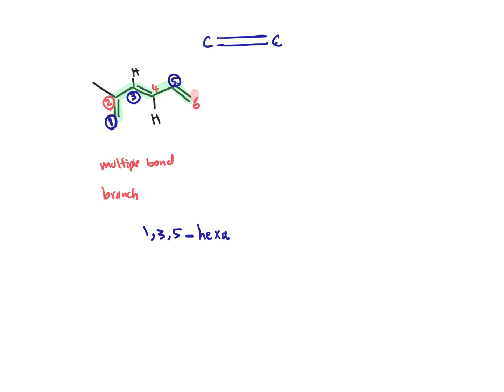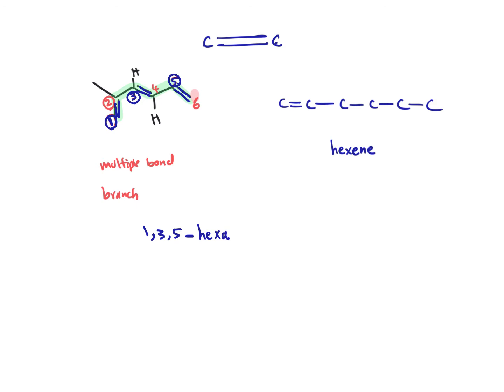So if this was something like this, 1, 2, 3, 4, 5, 6, it would be hexene, right? But here, remember, you have 3 double bonds. Do you remember what we would call those?